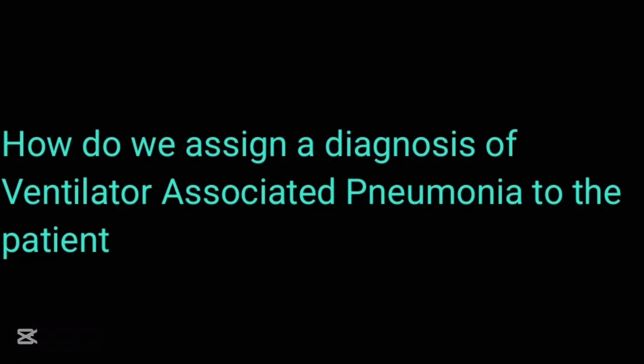When it comes to the radiological evidence, we usually look out for new or worsening lung infiltrates on the chest x-ray. And for the microbiological analysis, we usually do a culture and sensitivity of the secretions from the lower respiratory tract. And this can help us identify the bacteria that is causing the ventilator-associated pneumonia.